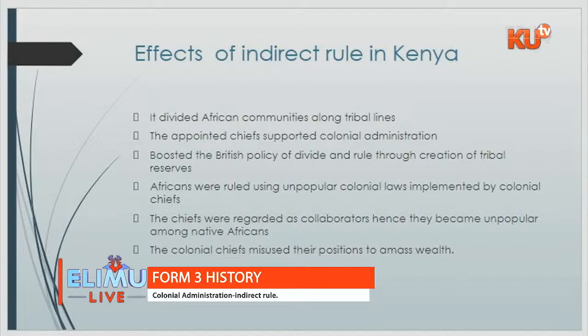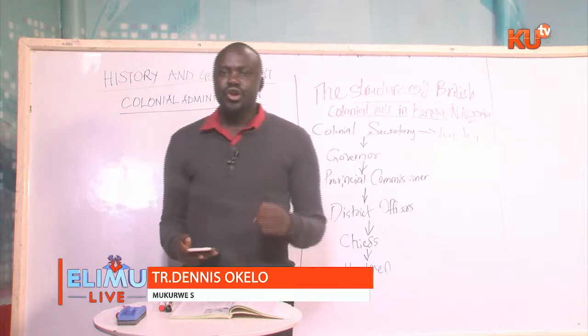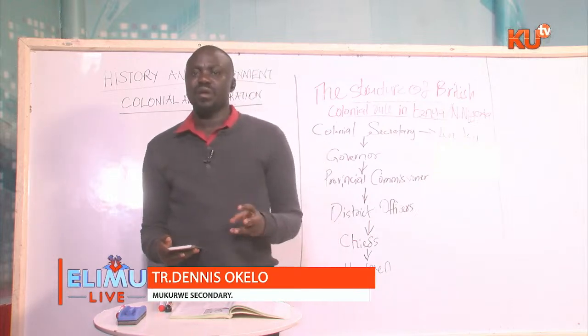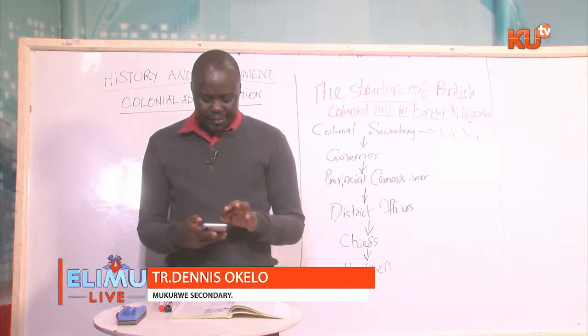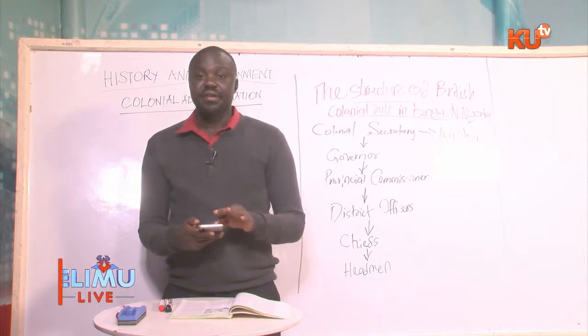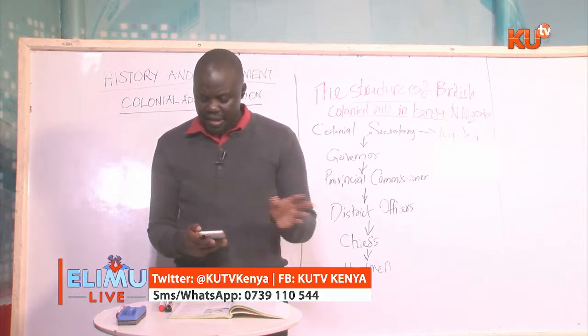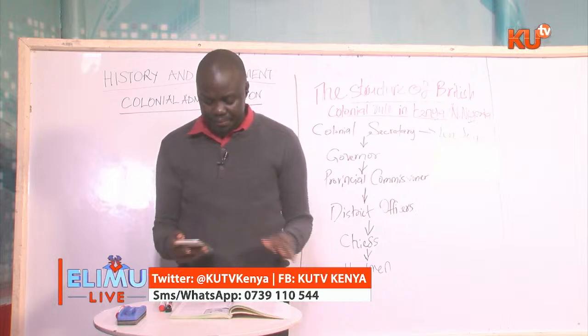It meant that they used this opportunity to even exploit Africans further, to be corrupt, and to amass wealth. To date, most families who trace their lines to former colonial chiefs are some of the big names, majorly in their regions or even our country.